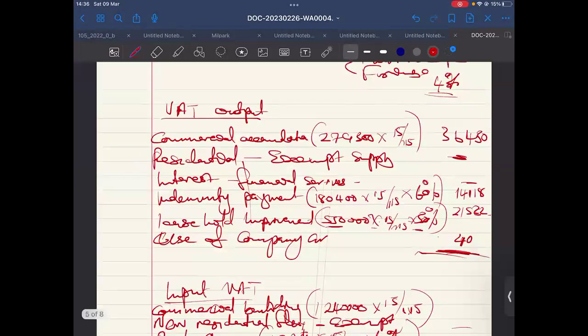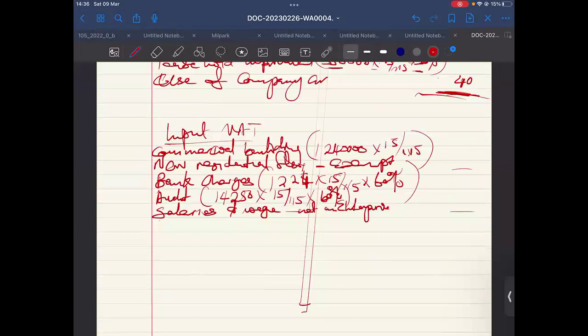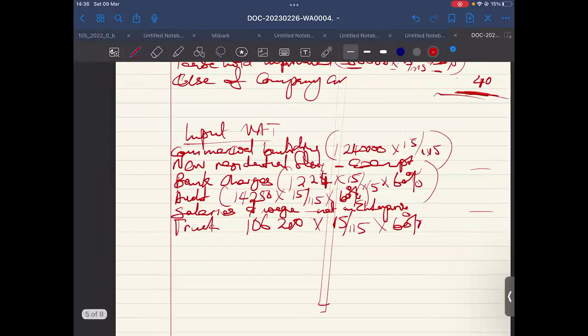Truck, or new truck, 106,200 times 15 over 115. Then times 60%, as it is used for the whole enterprise. So apportion your input. And then we move on.